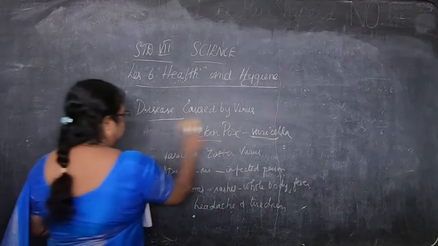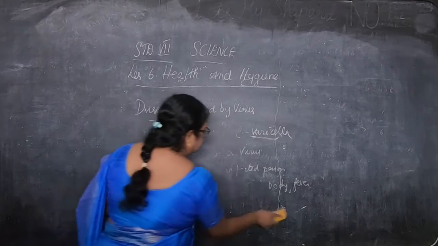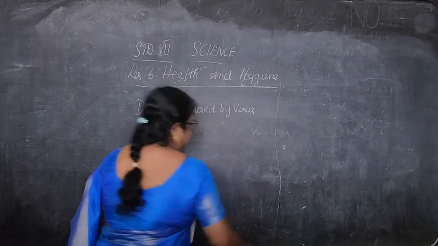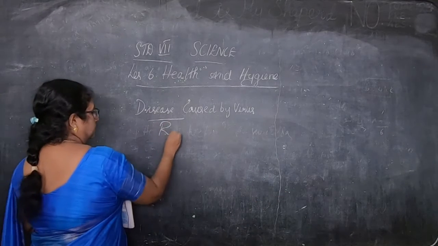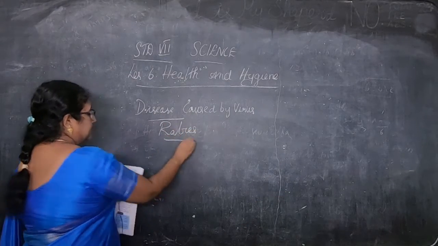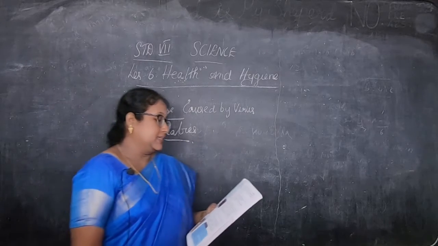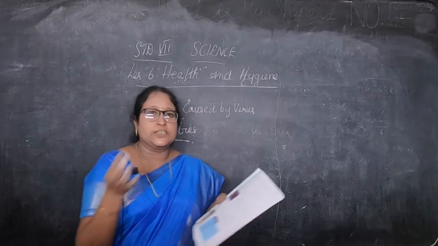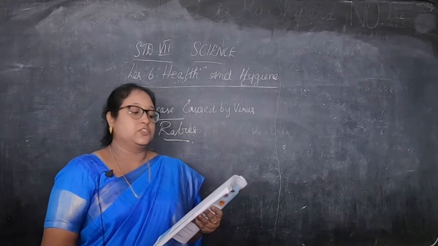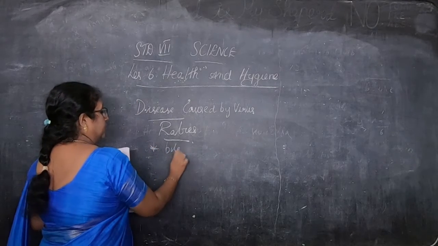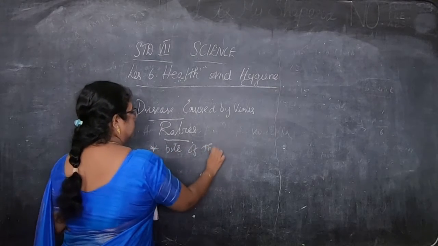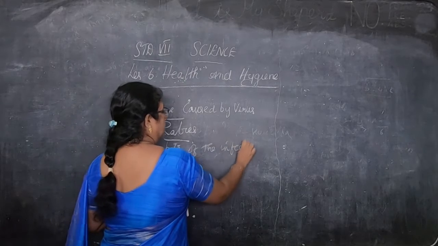So did you understand chickenpox now? Next we are going to go to rabies. Rabies is a fatal disease, already said, fatal means what? Which leads to death. It is a fatal disease which is transmitted by the bite of an infected dog.